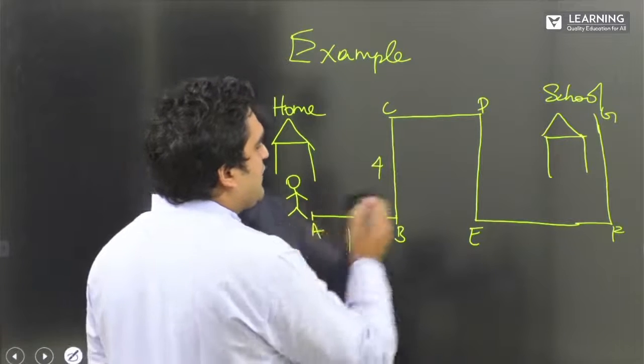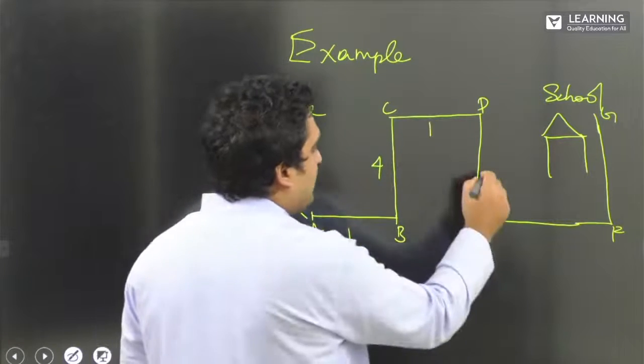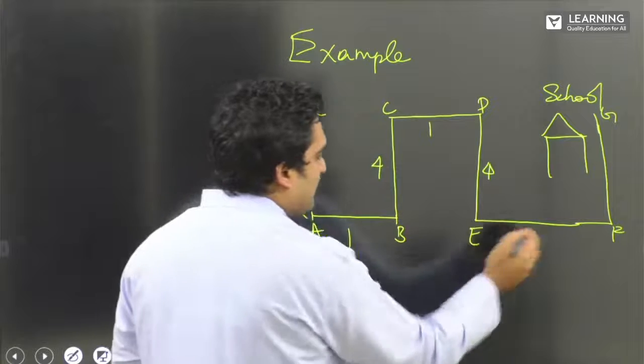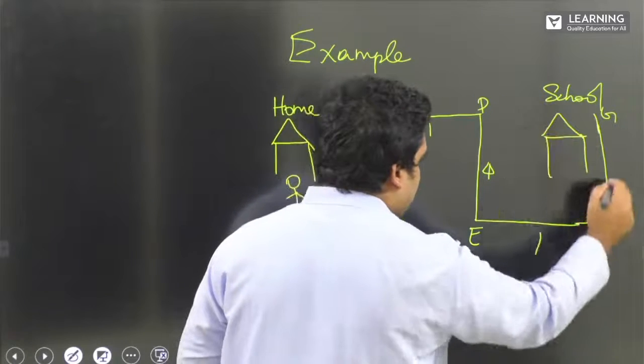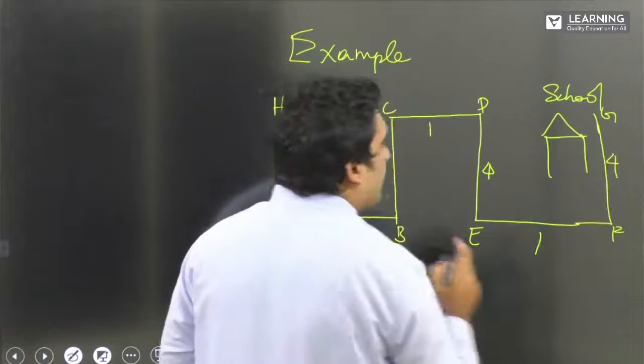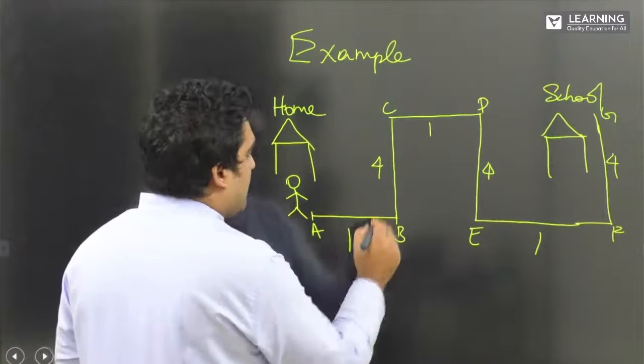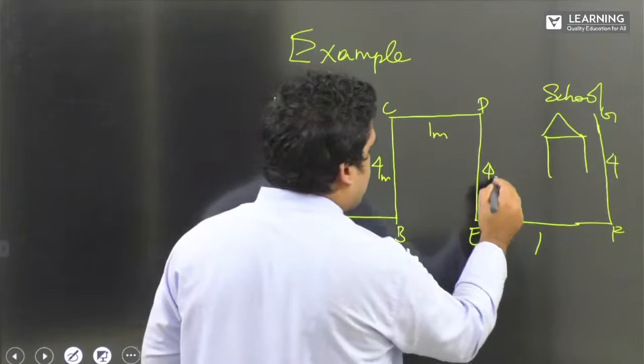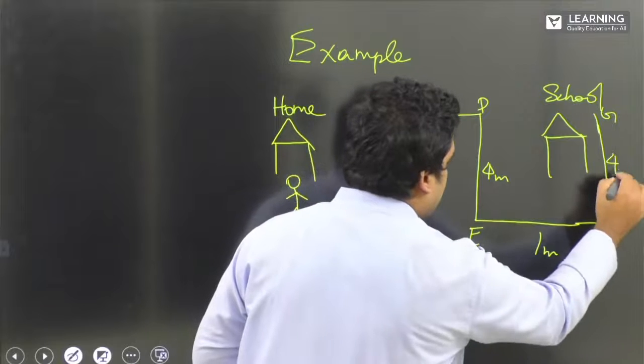Distance from C to D is 1. Distance from D to E is 4, distance from E to F is 1, and distance from F to G is 4. What is the unit? Meters.